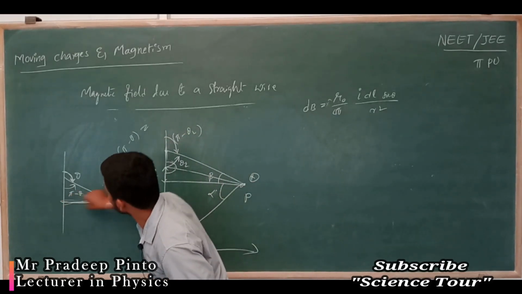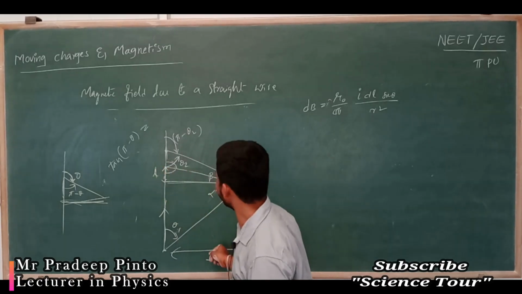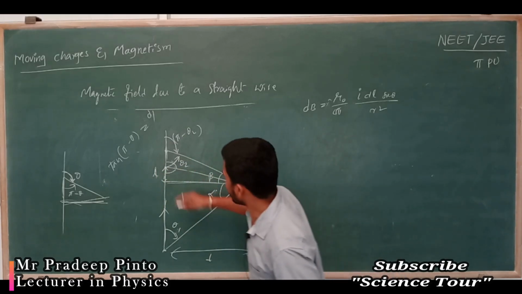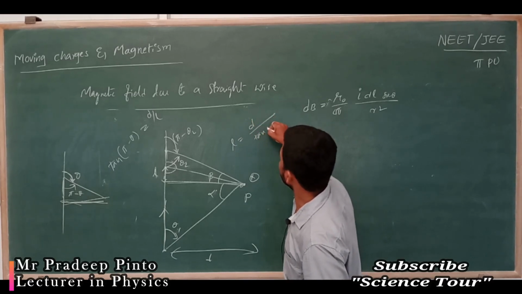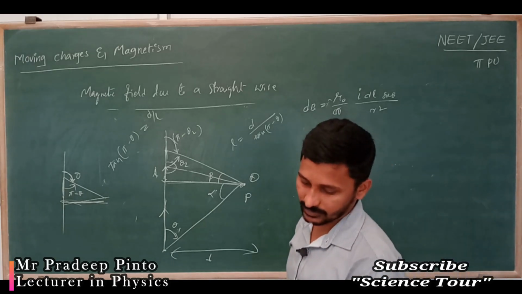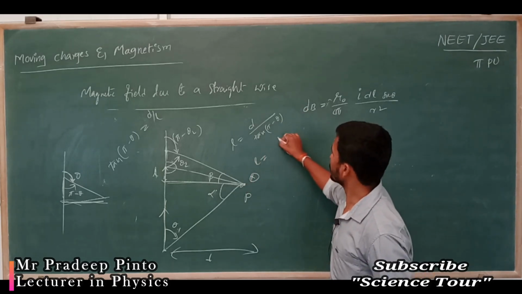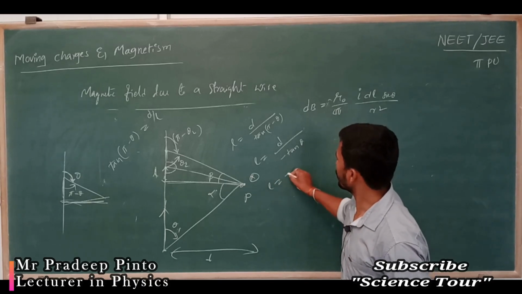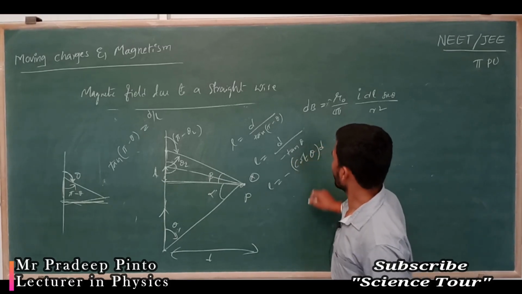This is opposite, this is adjacent, which I take as L, and this is D. So opposite D divided by L, so I get L equal to D by tan of pi minus theta. 1 by tan theta is nothing but cot theta, and tan of pi minus theta is minus tan theta. So L is equal to minus cot theta into D.